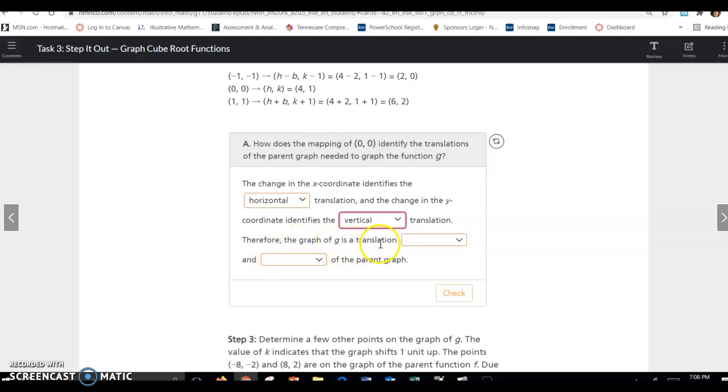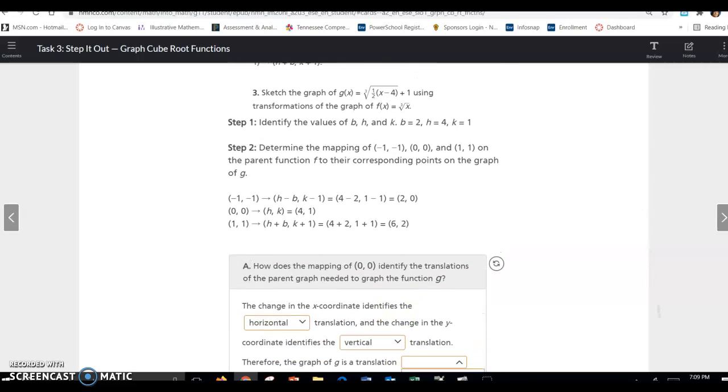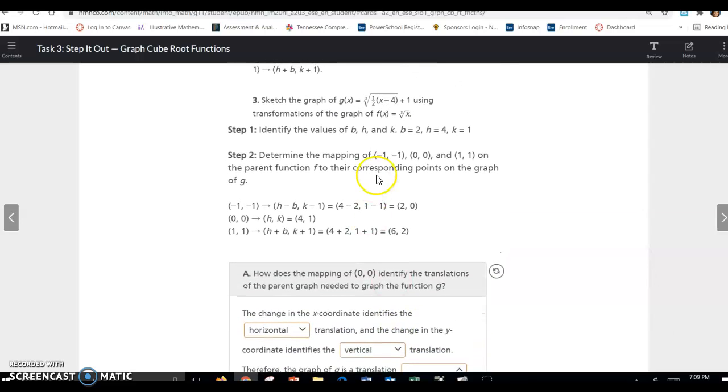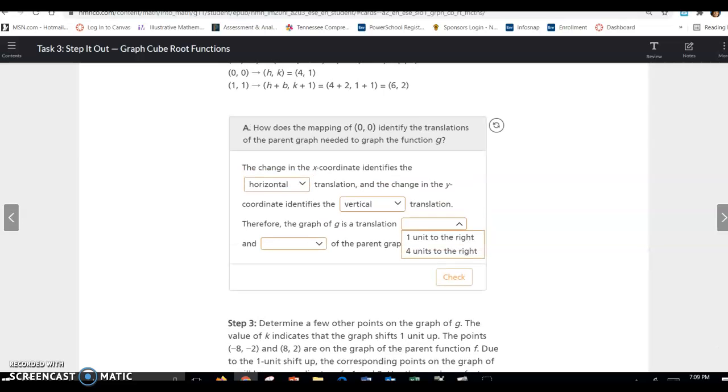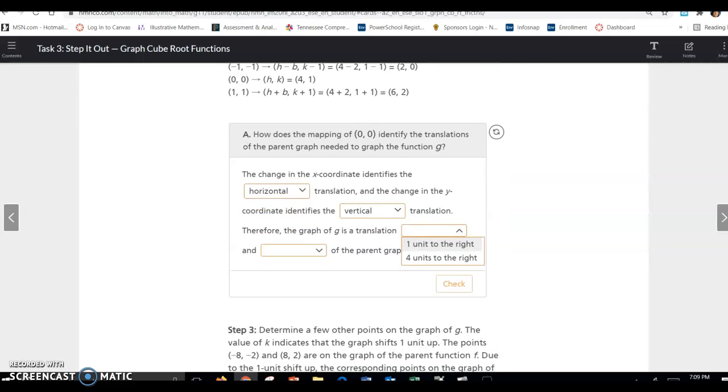Therefore, the graph of g is a translation... Let me look at the equation again. So it's going to be minus 4 means I move it right 4 units and up 1 unit.